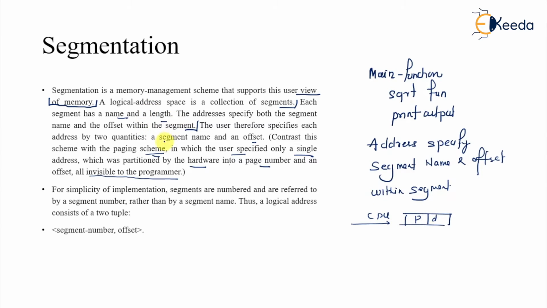So that is the difference between segmentation and the paging scheme: the user specifies a single address, which is partitioned by the hardware into a page number and an offset, all invisible to the programmer.